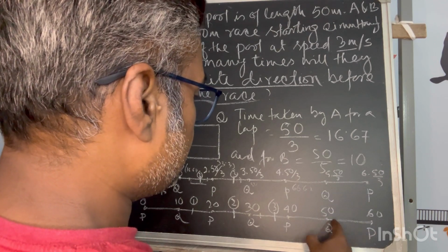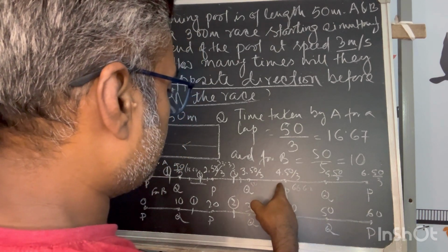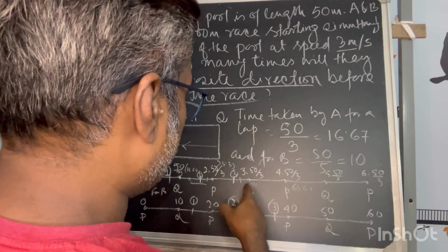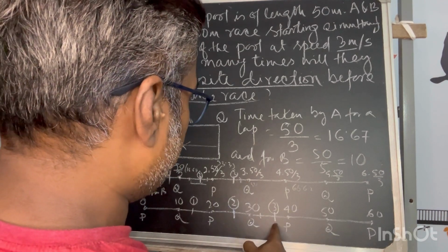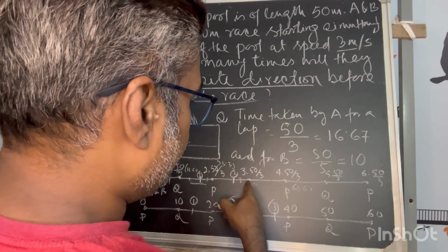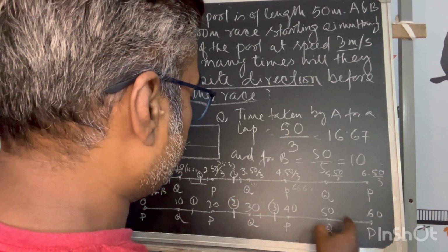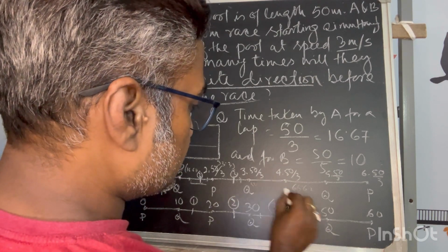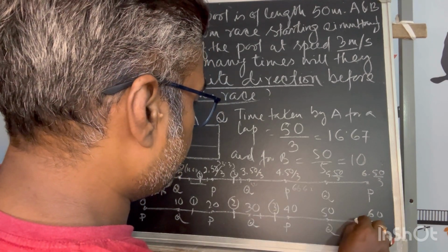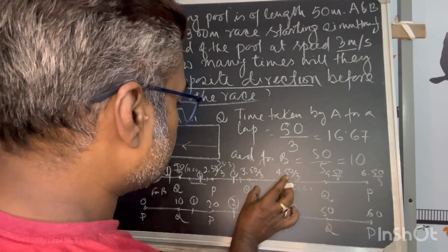So this is crossing, this is 50, so 50 is here, 40 to 50 they have already met here. 50 is crossing this, so it will be in Q to P, so there is no chance of meet because he will be Q to P, he also will be Q to P.